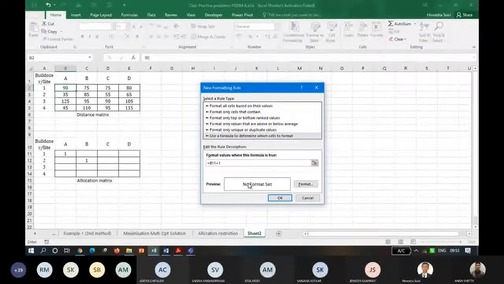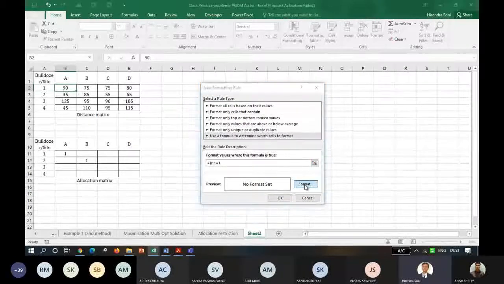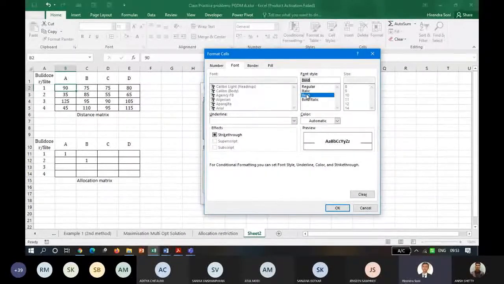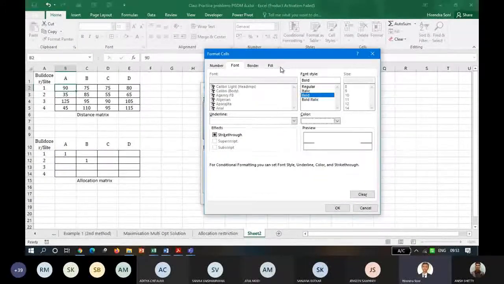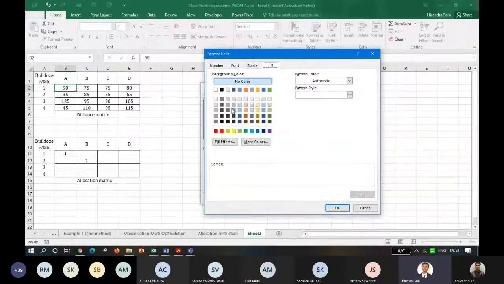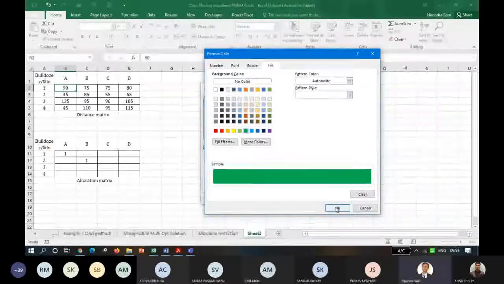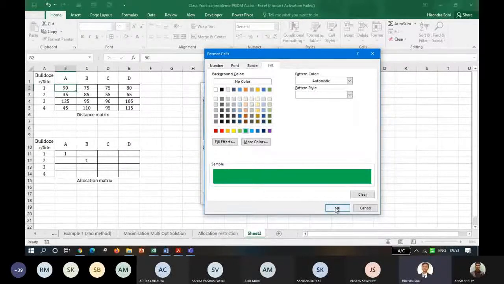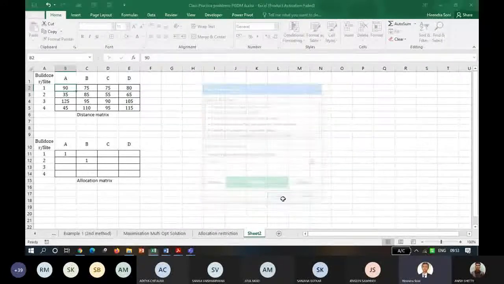Then no format is set, so I will change the format for that particular cell. I will make the font bold. Let's make the font color white, and I will fill that cell with green color. Okay, so it will tell me exactly how that cell will look, and all I have to do is just press OK.